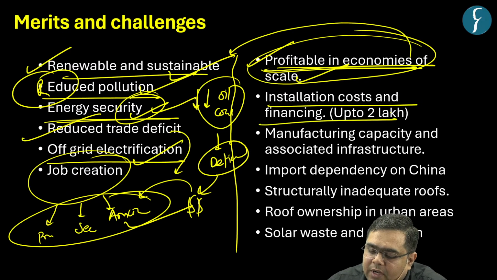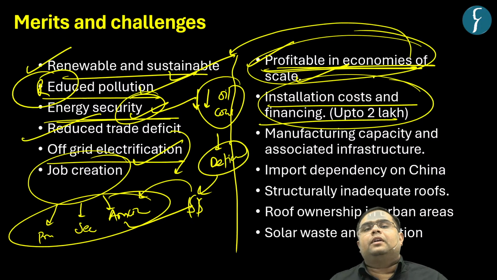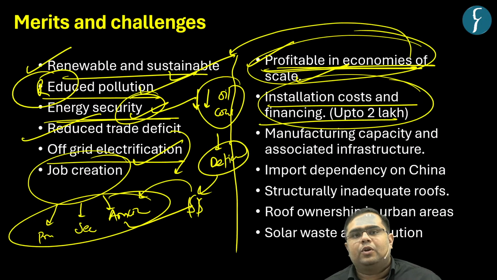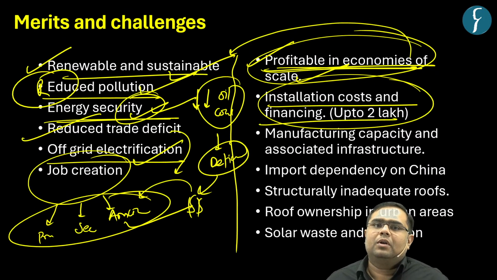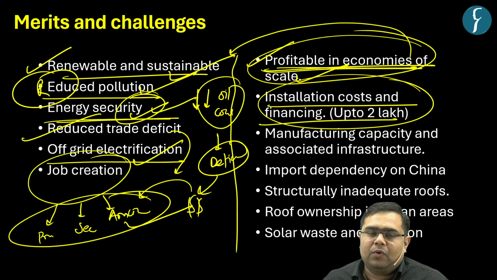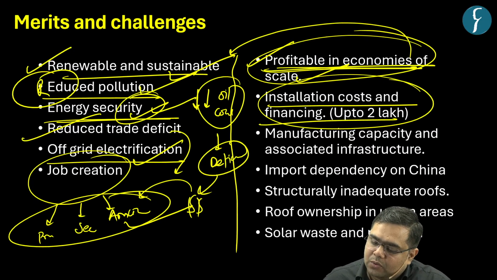Then installation costs range from nearly 1 lakh to 2 lakh rupees. If we talk about this scheme, the primary beneficiary is going to be the poor or lower middle class person. Does he have the capability or viability to invest 2 lakhs on his house for the installation of solar power panels?